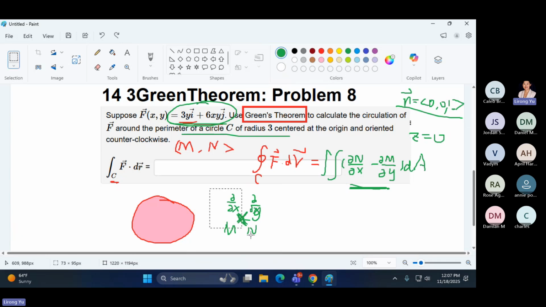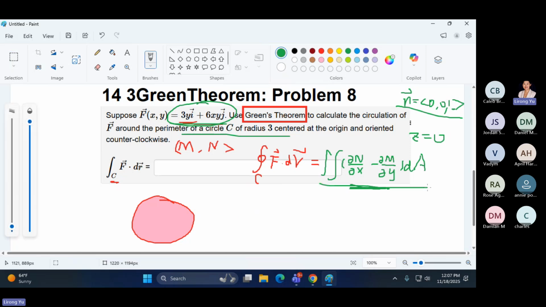Anyway, we can calculate this by focusing on the other part. We have our vector field, so we compute dN/dx minus dM/dy of our components. The first component is 3y and the second component is 6xy.